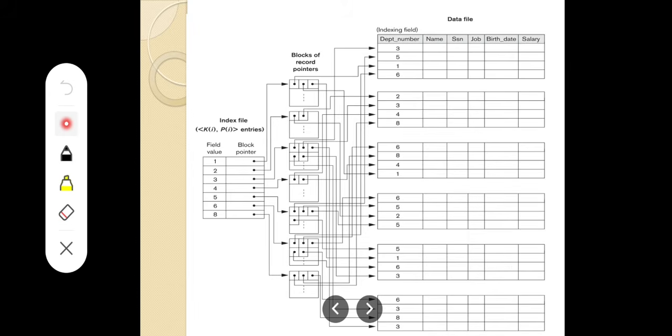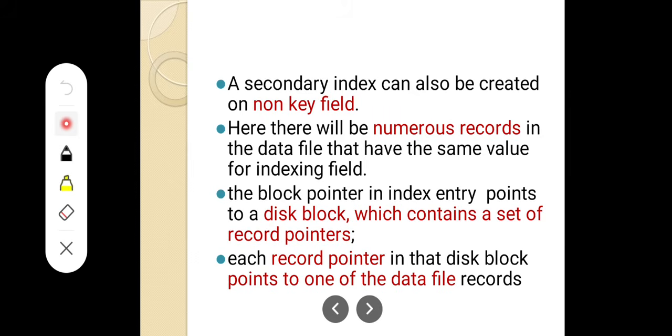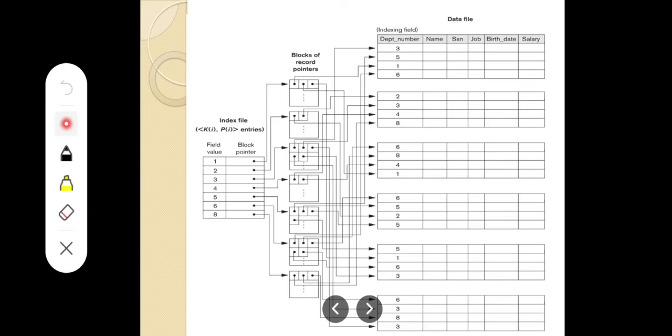Okay, so the explanation of this is written here. The block pointer in the index entry points to a disk block which contains a set of record pointers. So block pointer is pointing to what? Disk blocks of record pointers.